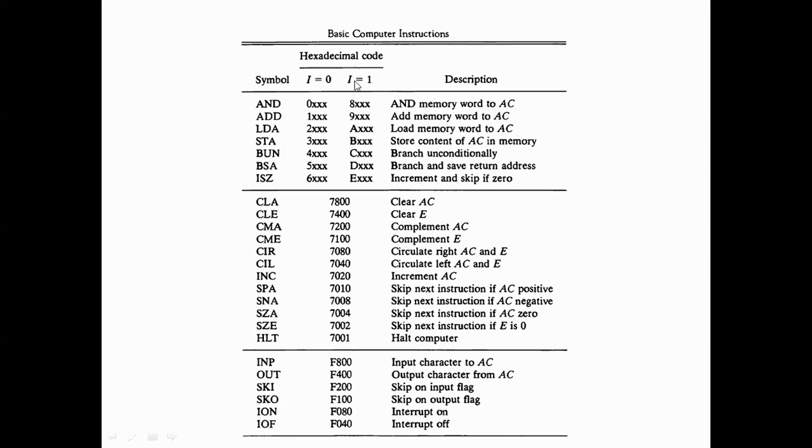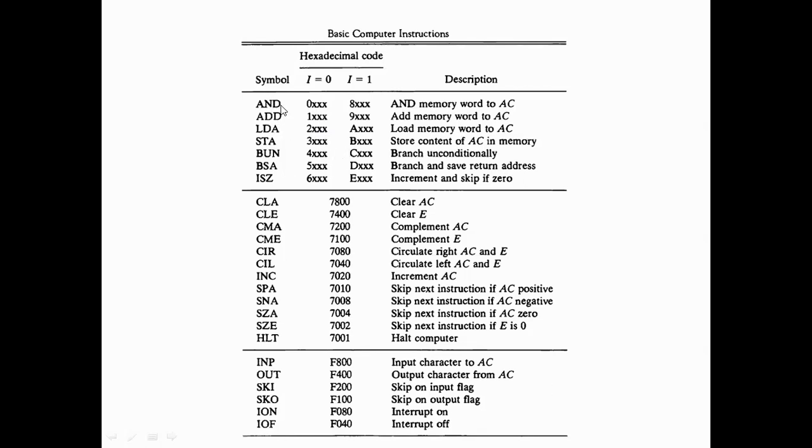What about here? The I bit is 1, then the opcode is 001, so 1001 is 9, then there is the address. And similarly you can yourself work out the hexadecimal code for each of these instructions.